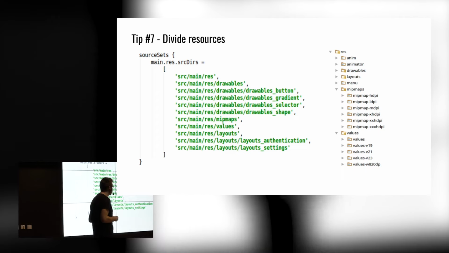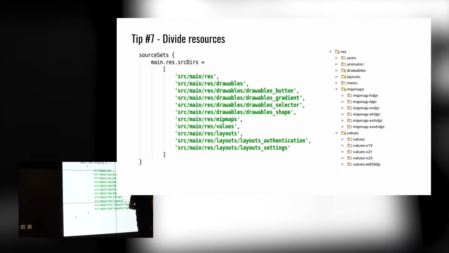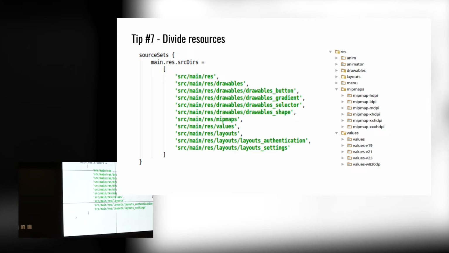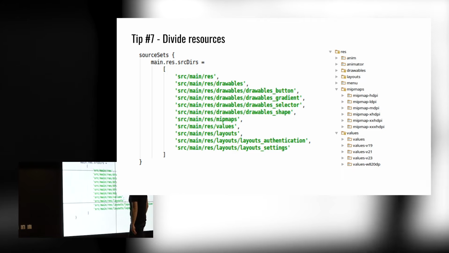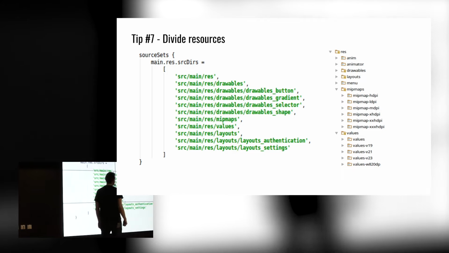Because you can see with those lines, I can split my resources into folders. For example, I can put all bitmaps in one bitmap folder, put all values in one values folder, and I also can divide my resources, drawables, and layouts in other folders.